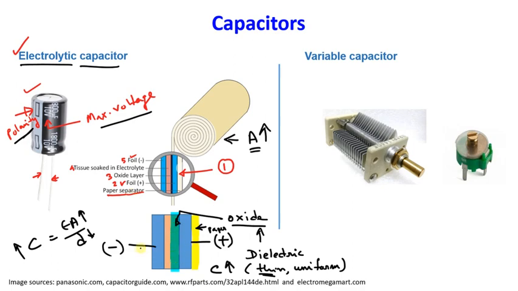At the same time, polarity is also important, because if you reverse the polarity, or reverse the applied voltage, then what will happen? The oxide will break down, and in that case also the positive and negative terminals will short, which is quite hazardous for this type of electrolytic capacitor. So while using the electrolytic capacitor, please be careful about the polarity and the maximum rated voltage.